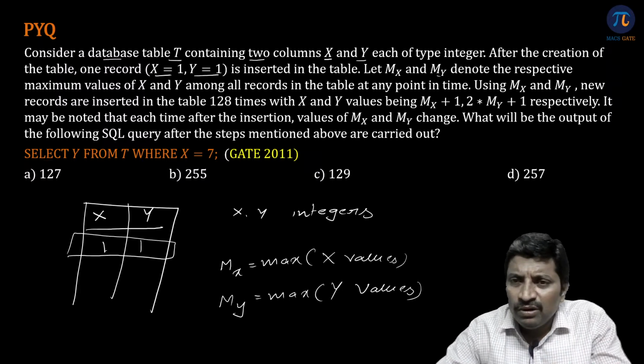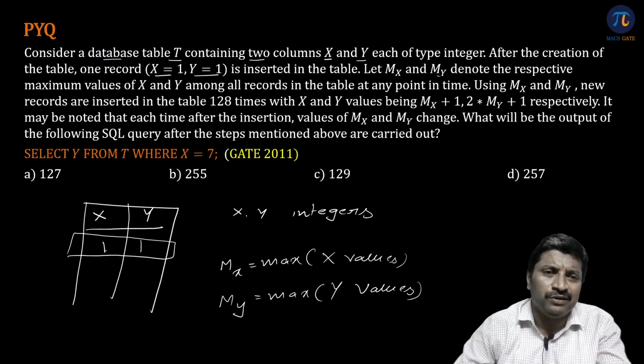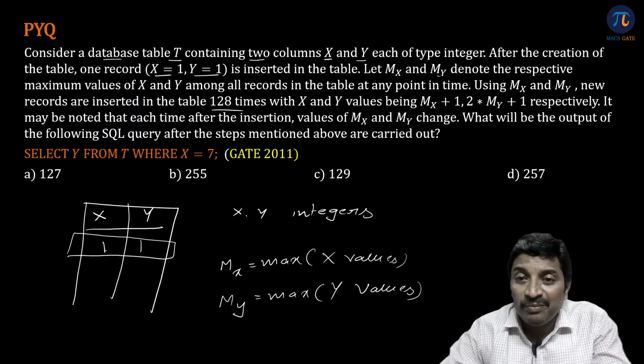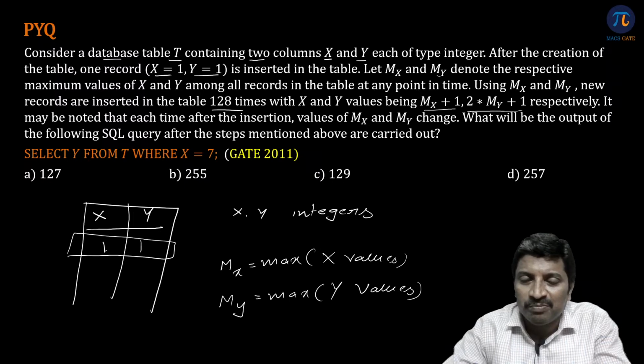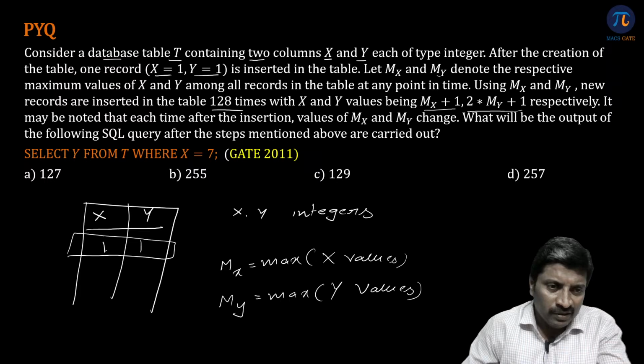Now using Mx, My, a new record is inserted in the table 128 times. But what is the record value, sir? Mx plus 1, 2My plus 1.